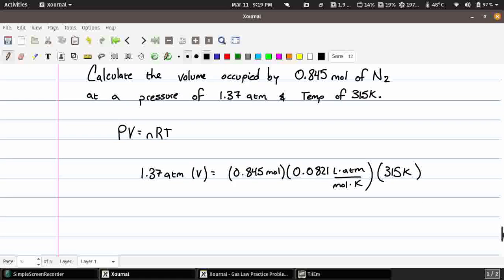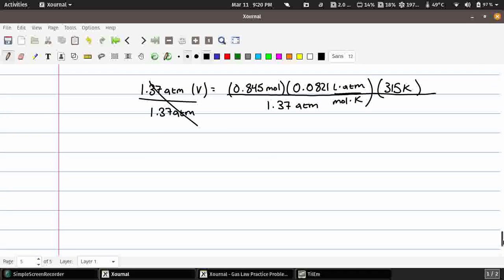So to isolate the V, we divide the 1.37 atmospheres out. So we divide the pressure out. So let's put a long line right here. Then you're going to have 1.37 atmospheres, and we'll be able to solve for V. So I'm going to rewrite this.